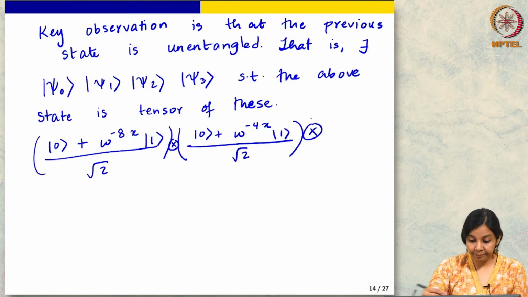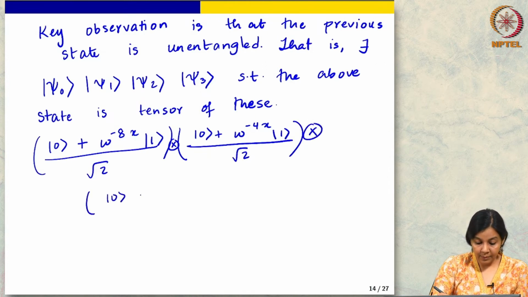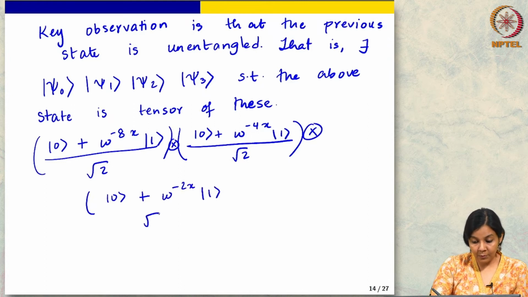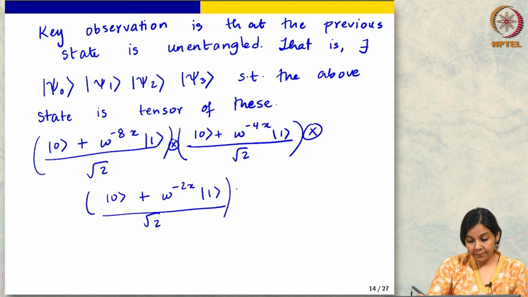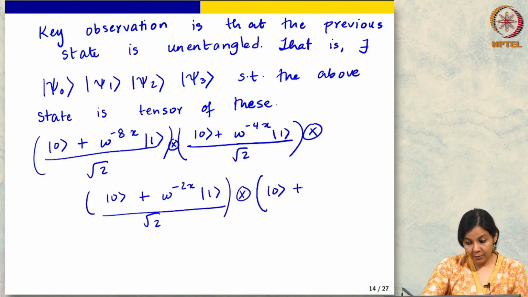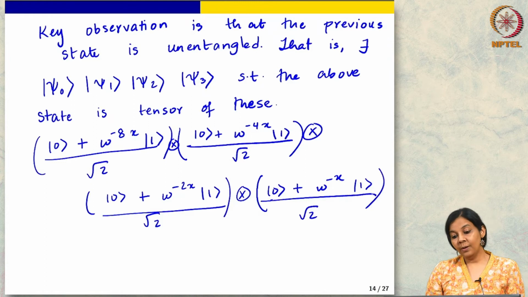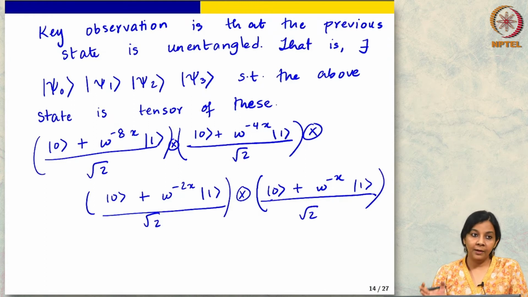Tensor (|0> + omega to the minus 2x |1>) over square root 2, tensor (|0> + omega to the minus x |1>) over square root 2. So, you can open up these tensors and verify for yourselves that this is the state that we had.